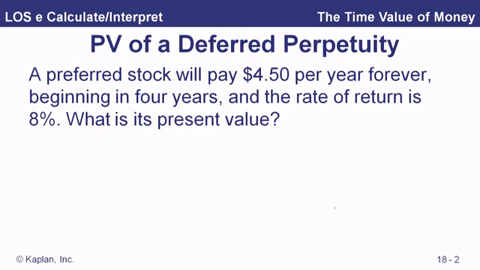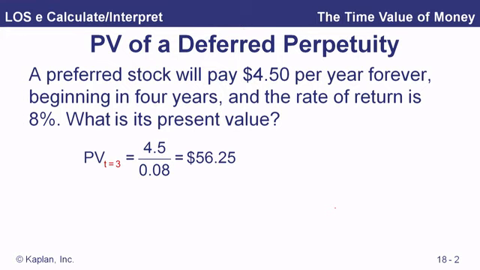Now, what about a deferred perpetuity? Well, we're going to use the same solution technique we did before, but now we're going to use the formula we just had to get the value one period before the first dividend payment, and then whatever value that is, we'll discount that back to the present.